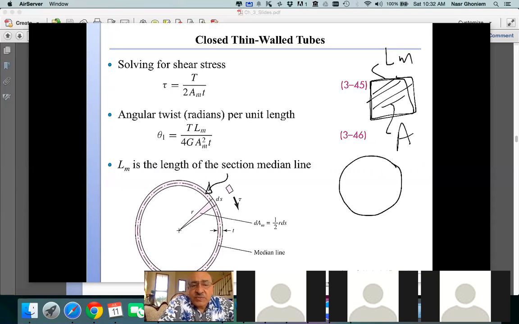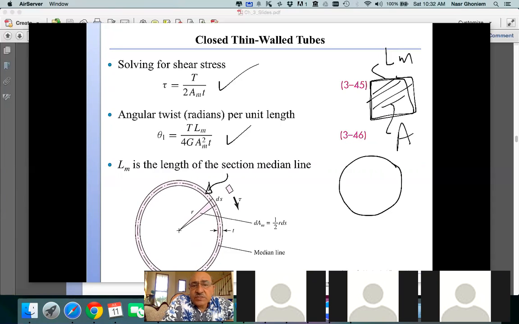And the two things we find are the shear stress and the angle of twist. Shear stress is the torque applied over 2 times the mean area times the thickness. And the angular twist is the torque times the length over 4G times the area squared times t.